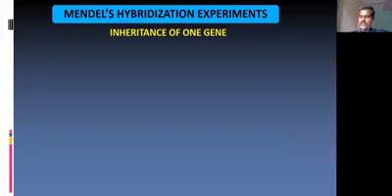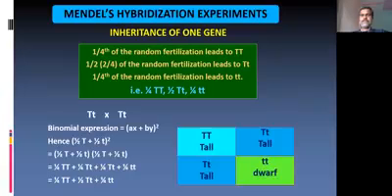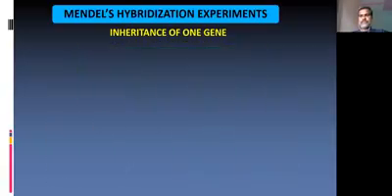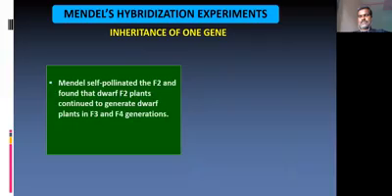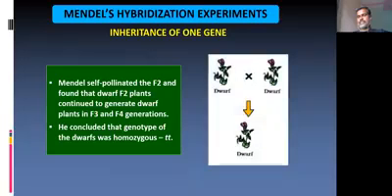He has concluded the result also. The result 1 is to 2 is to 1 was the genotypic ratio which he got, and 3 is to 1 was the phenotypic ratio that he got.